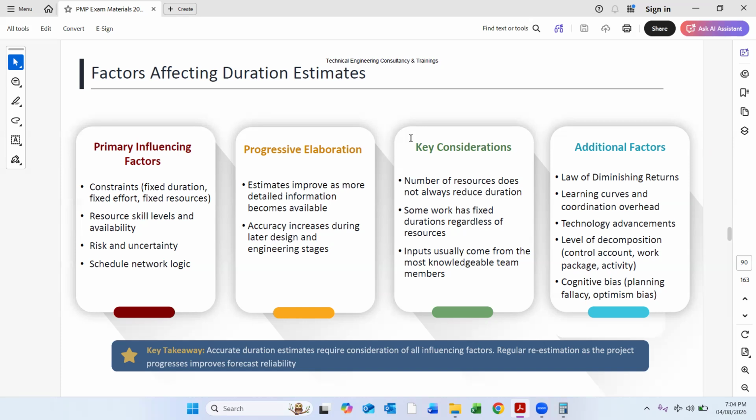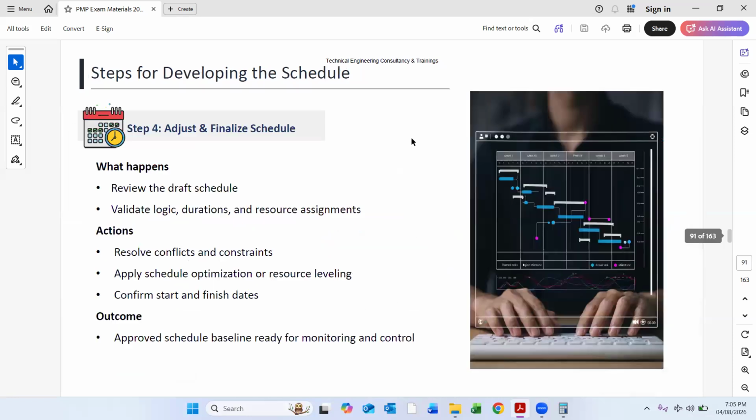Like we have some risk or uncertainty in our schedule. Maybe the logic is not correct. Maybe we have changes in the design or engineering stage, or resources are not fixed, or work is not fixed, or durations are not fixed. That will affect the estimated duration which we calculated based on PERT.